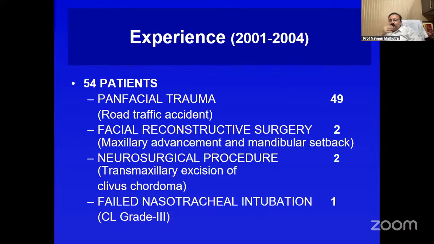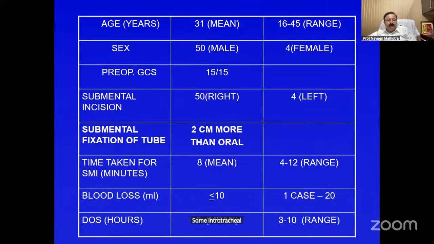Now, practically speaking, from the year 2001 to 2004, the majority of the patients whom we did were panfacial trauma, facial reconstructive surgery, maxillary advancement and setback, transmaxillary excision of clival chordoma, and failed nasotracheal intubation, and everything was submentotracheal intubation.